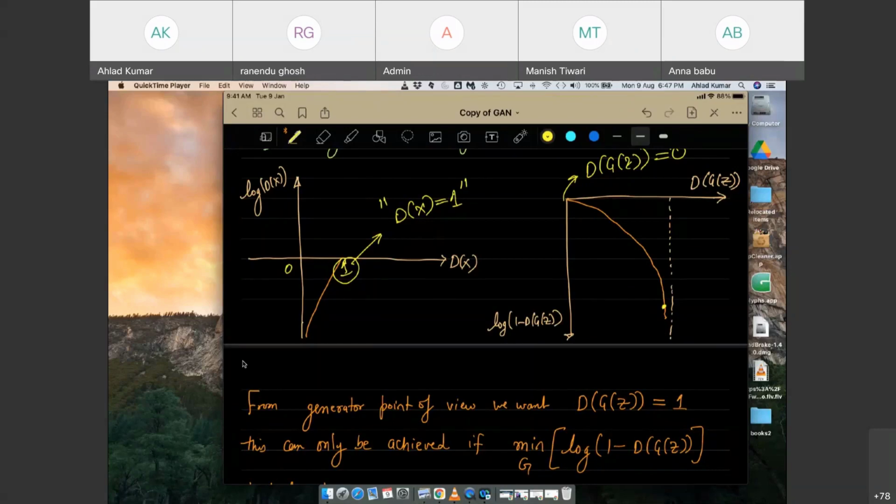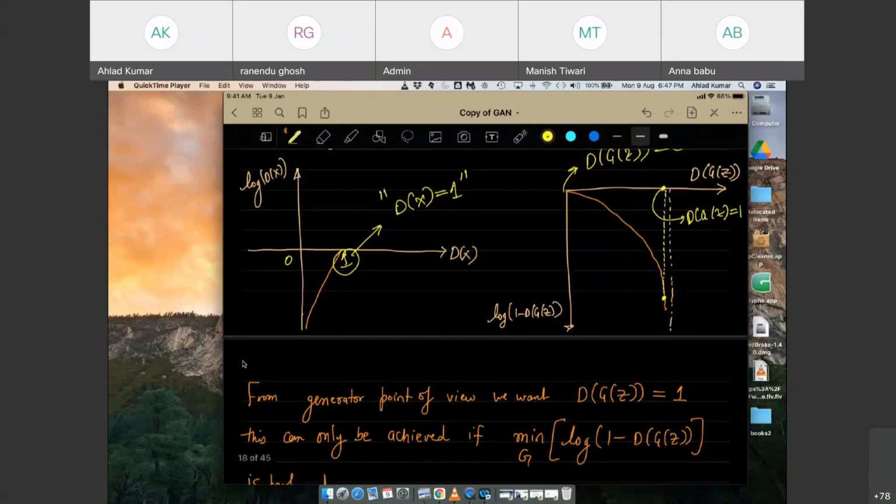So we are somewhere close to it. If you find the value, this value will be D of G of z equal to 1. That means if you do a minimization on this, you will be able to achieve the target of D of G of z as 1. So that is again important.